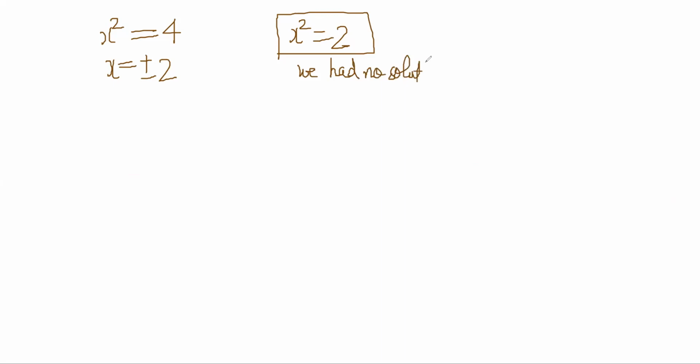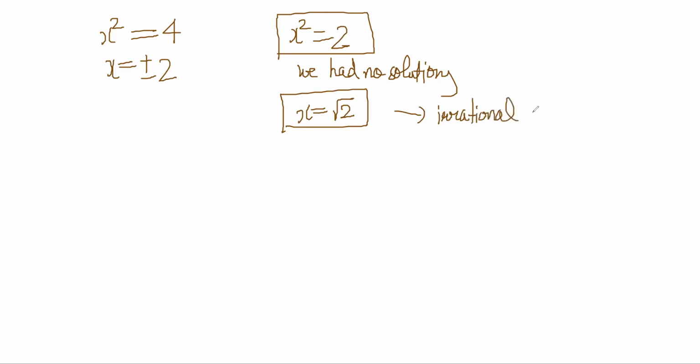So people thought, okay, fine, let's define a new type of number called root of 2, which is an irrational number. The irrational number was also introduced in response to a problem that was not solvable earlier.